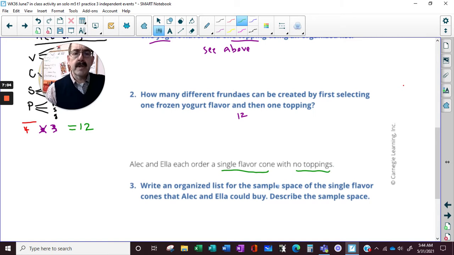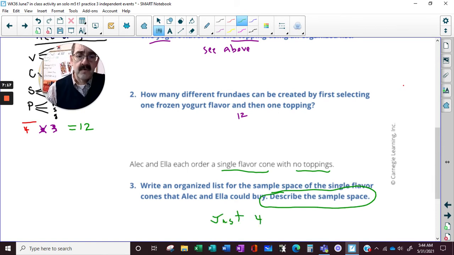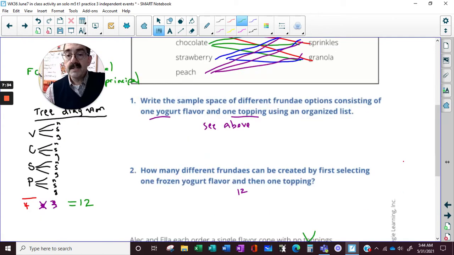Well, the sample space is just 4 items, right? Single flavor cones, no toppings. Oh, that's just V, C, S, P, right? V, C, S, P. Done.